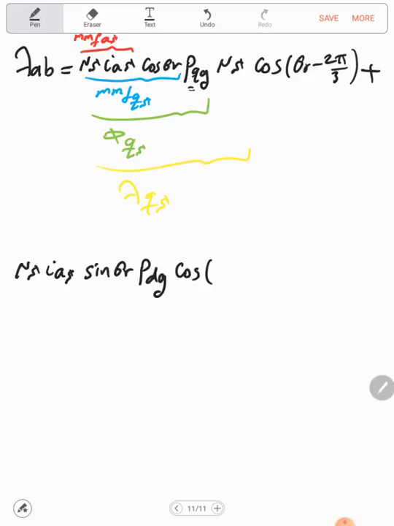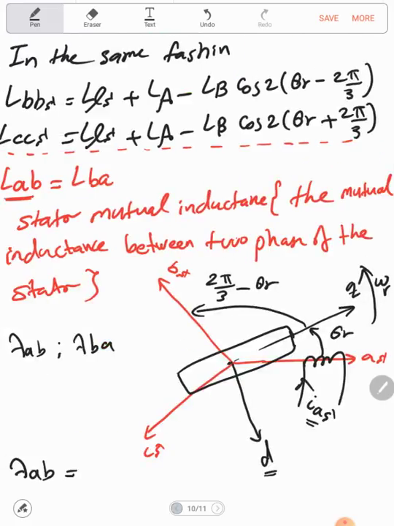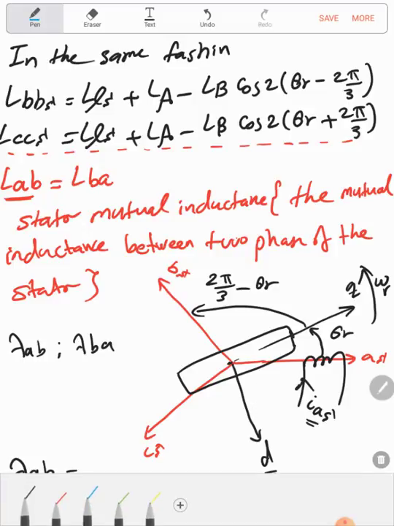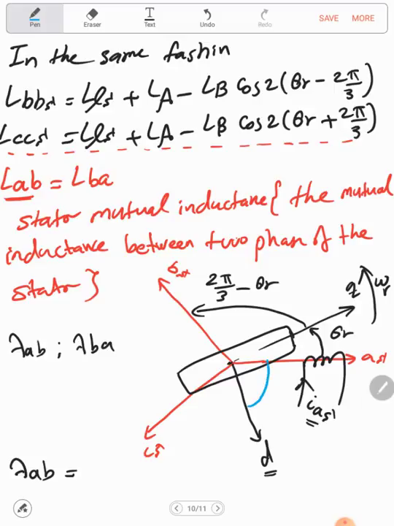Now the angle between the D and the B here is 2 pi over 3 plus pi over 2 minus theta, so cosine of 2 pi over 3 plus pi over 2 minus theta.